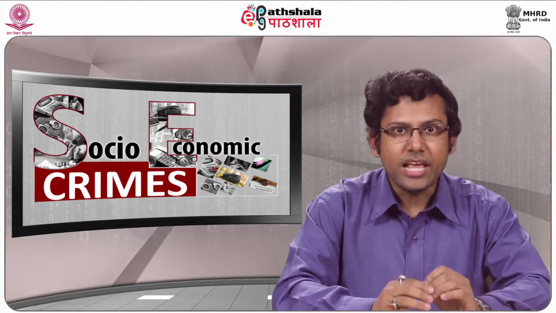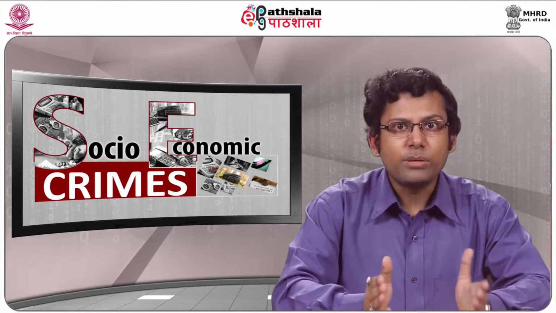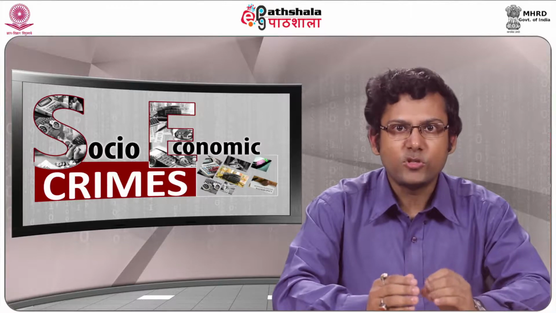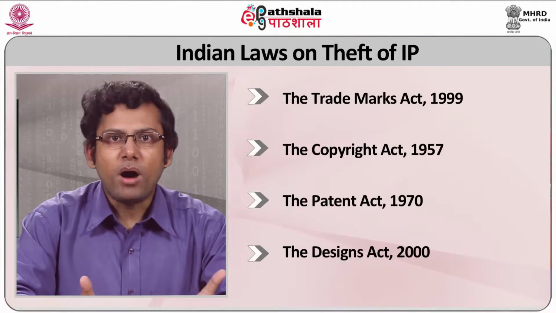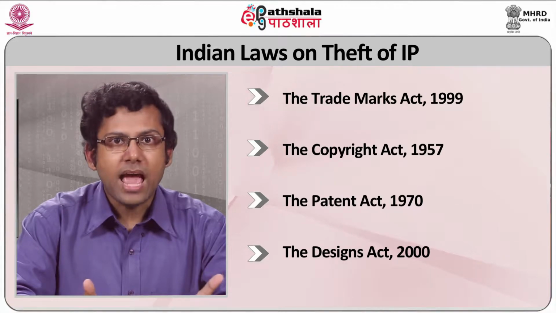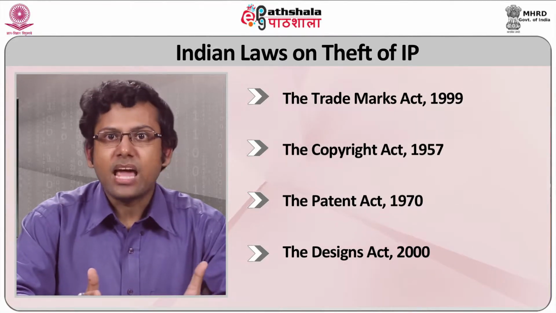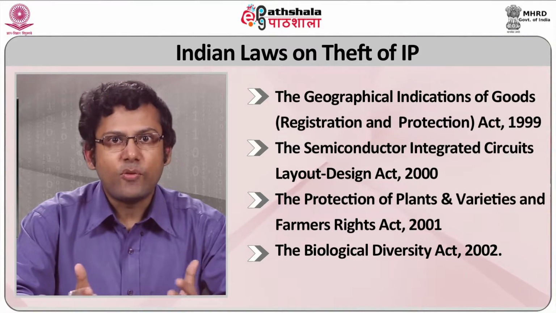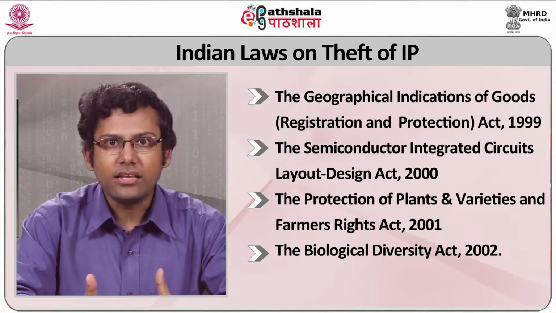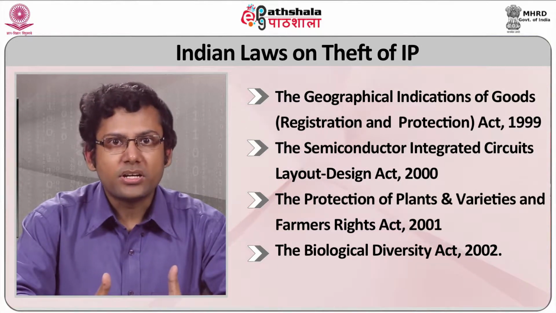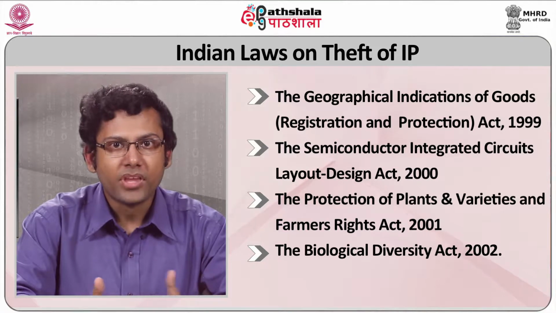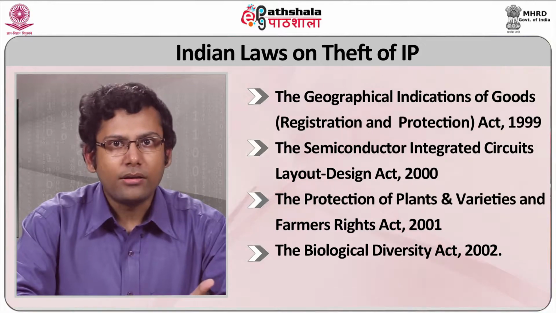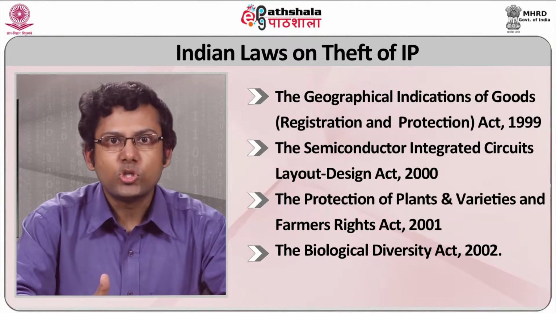Some of the prominent Indian legislations that are applicable to according protection to different forms of intellectual property and prohibiting theft or infringement of the same include the Trademarks Act 1999, the Copyright Act 1957, the Patent Act 1970, the Designs Act 2000, the Geographical Indications of Goods Registration and Protection Act 1999, the Semiconductor Integrated Circuits Layout Design Act 2000, the Protection of Plants, Varieties and Farmers' Rights Act 2001, and the Biological Diversity Act 2002.